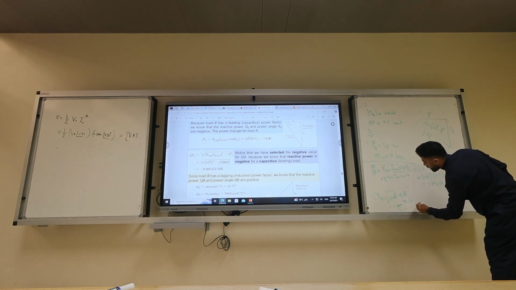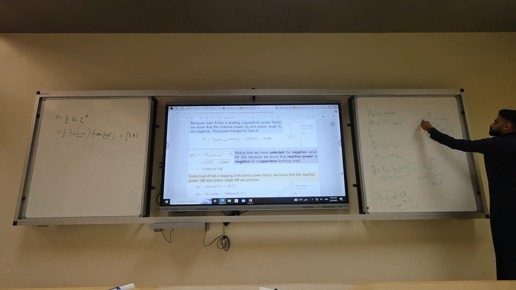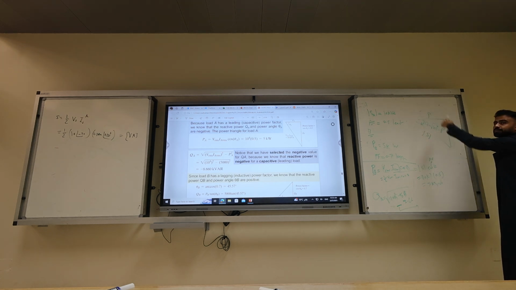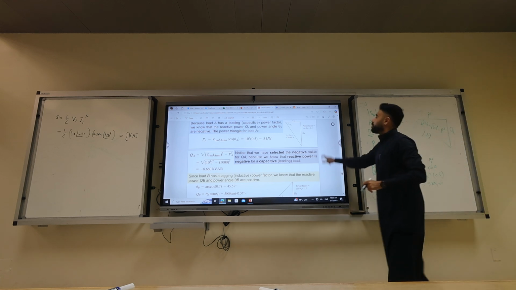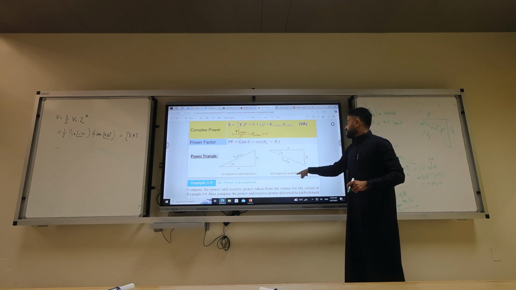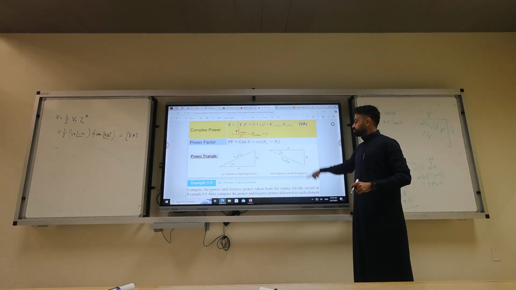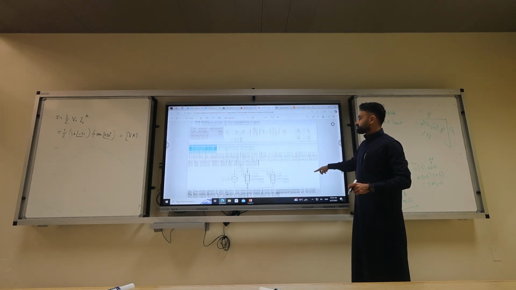We put a minus why? Because the angle here is negative for leading power factor. Go back to the triangle. So theta is negative. The angle is negative, so Q is to the bottom. Okay?